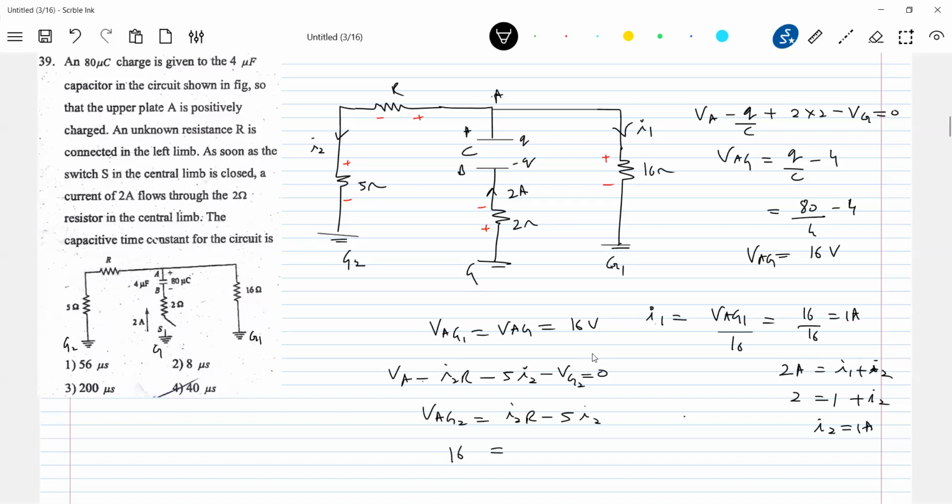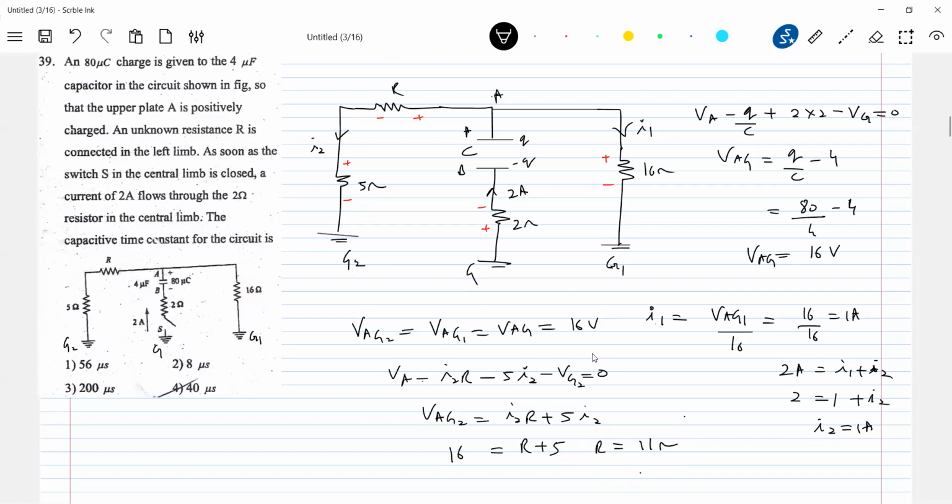This should also be equal to 16, because they're all parallel. I2 value is 1, so R plus 5 equals 16. What is the value of R? 11 ohm. After getting this, how to get the time constant?